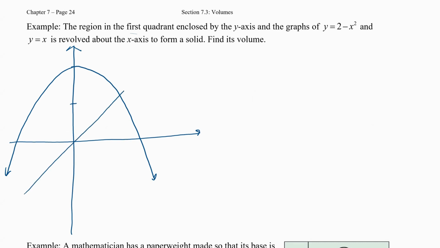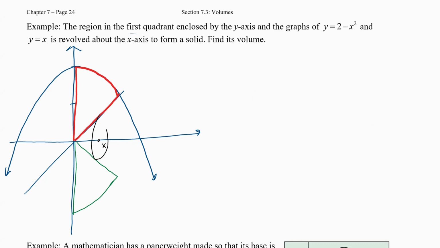So if I wanted to highlight the region that is being twirled, it will be that red region, and we're going to revolve it around the x-axis. Now again, I'll just draw the reflection of that red region to make that green region, and then we'll say, all right, imagine this being the center of rotation for some arbitrary x.